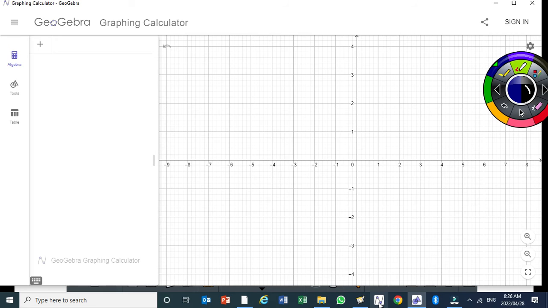It has a graphing calculator for drawing graphs, and a geometry component where you can draw geometric diagrams. You can download it online, on your phone, tablet or laptop, and play around with it.